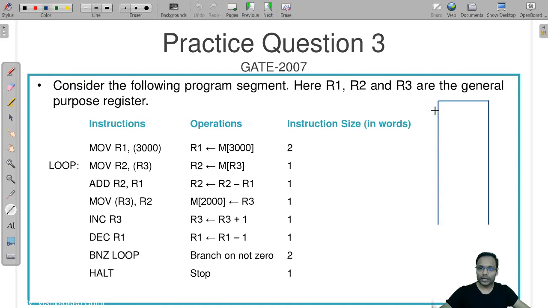The content of memory location 3000 should come here downside, because in the question a few more things are given which are coming above. So memory location 3000 has value 10.